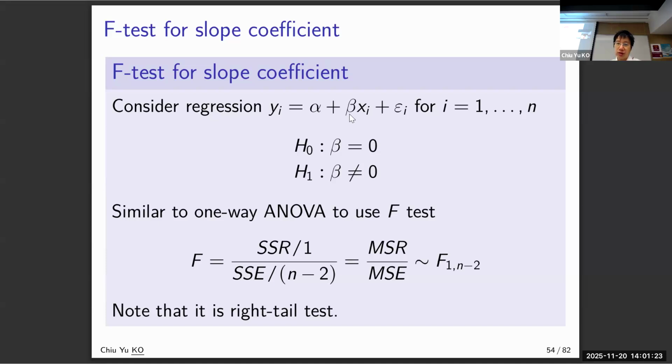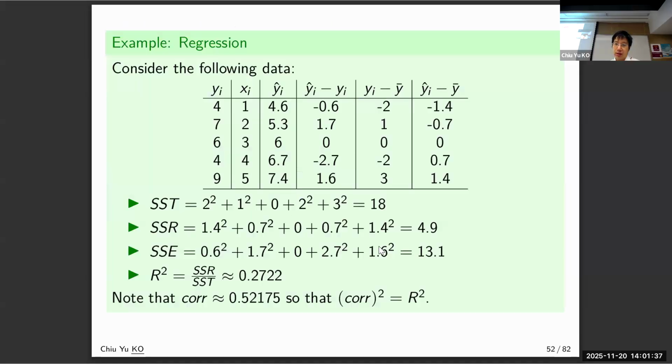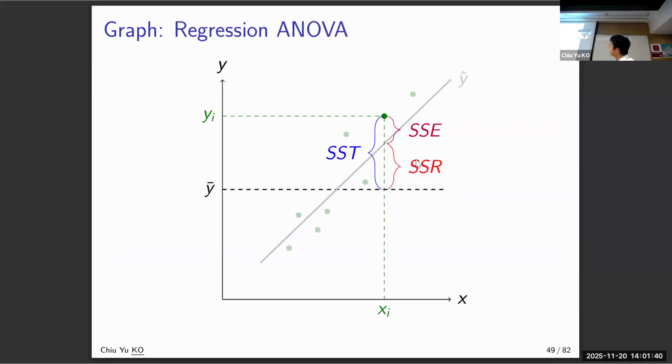Why? Because imagine if MSR is very large. What does that mean? SSR is very large compared to SSE, so your regression will be useful. If SSR is not different from 0, say, not different from SSE, then your regression is basically useless. Because if they're the same, if the line is like this, the measurements of SSR and SSE are the same.